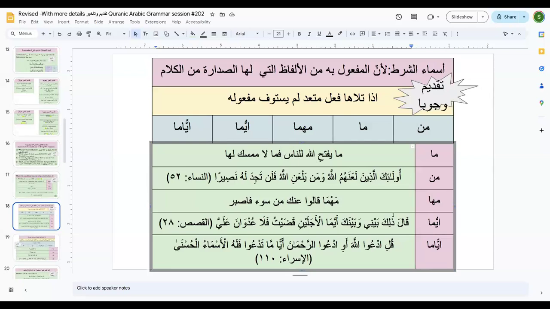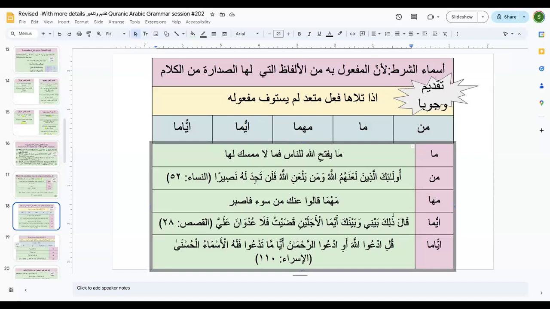So what is the role of ma here? What is it answering for you? There's a fail, there's a jar wal majrur, there is muta'alliq bil fail. Is it mubtada or maf'ul bihi? It is going to be maf'ul bihi muqaddam. Whatever Allah opens for the people, then there is no one who can stop it, or there's no stopping for it.